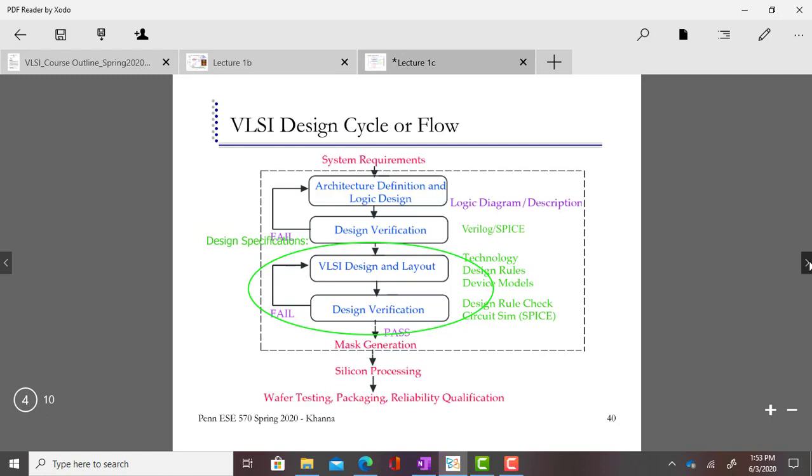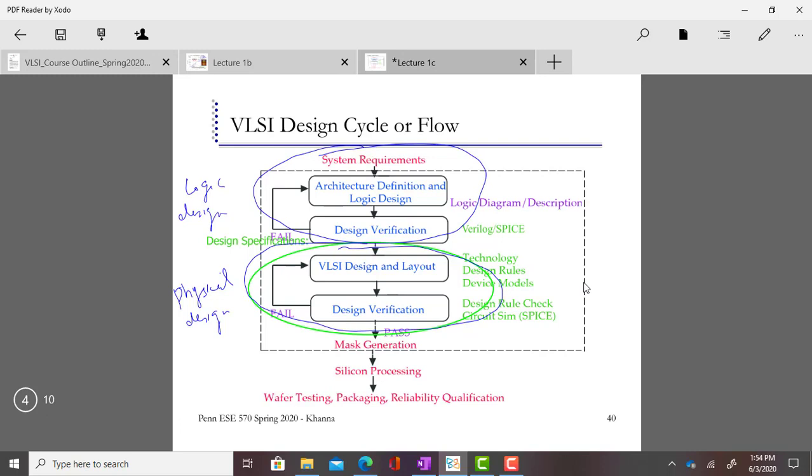Then the next is design specification, which are these two parts. This is sometimes called the physical design. These two are sometimes called logic design.